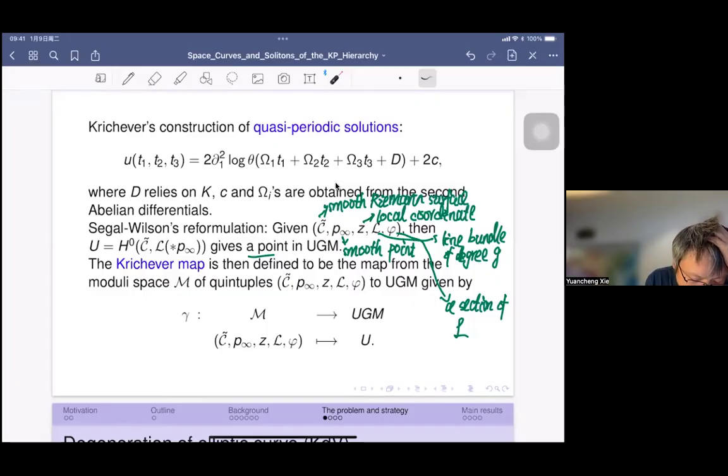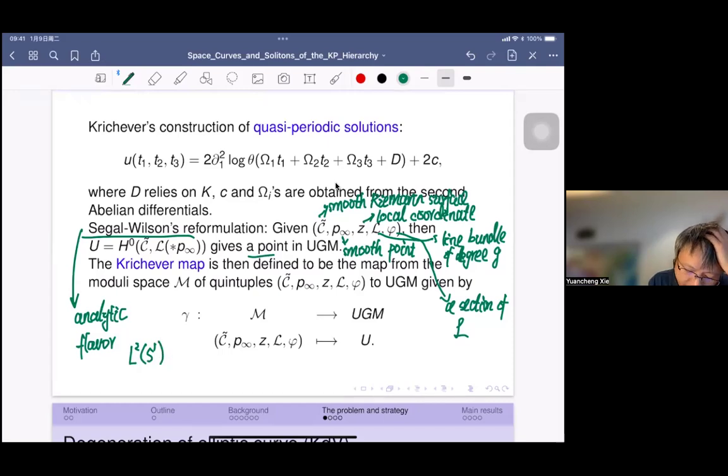So first, yes, you're right. Segal-Wilson actually used more analytic ways. So there's more analytical flavor. You just consider the L2 space on a circle, and this circle is around this P infinity point, and then we consider functions which are holomorphic either inside of the disk or outside of the disk S1.